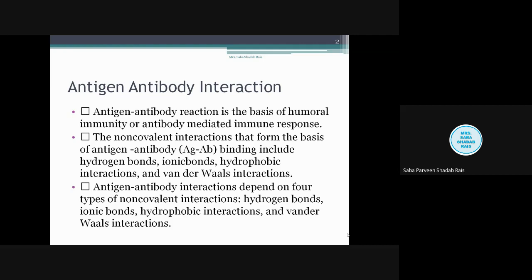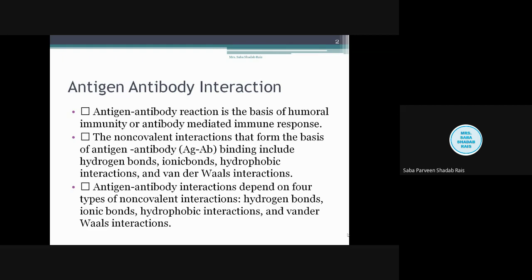So here also, although they bind non-covalently, they bind very firmly. Which type of non-covalent reaction happens here? Hydrogen bonding, ionic bonding, hydrophobic interaction, van der Waals interaction. These are the various types of interaction which can be seen, and we had already discussed all these types of reactions in the earlier class.